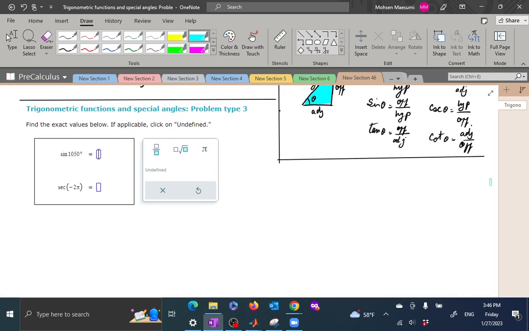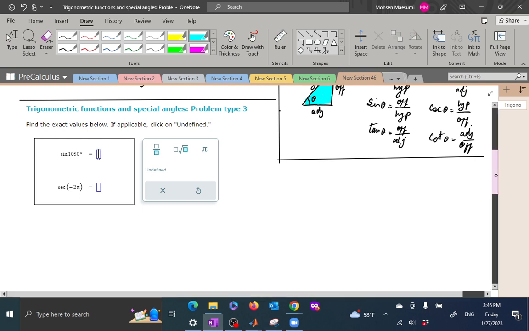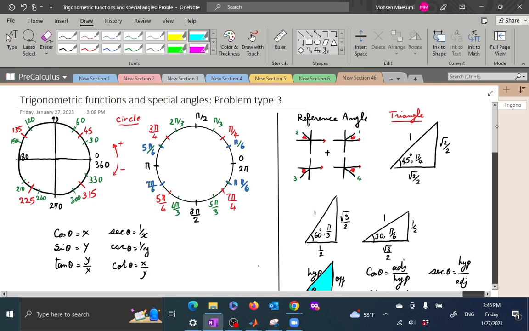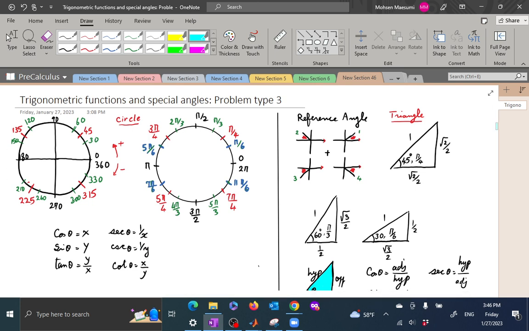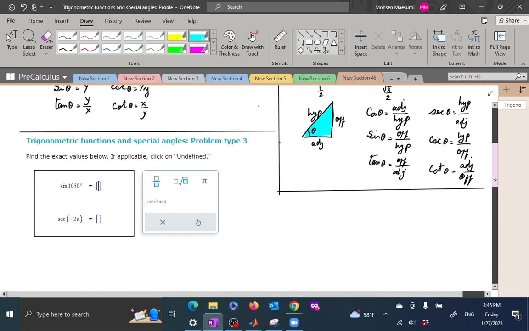Issue number 1: what if my angle is more than 360 degrees or more than 2 pi? What should I do? Well, what does more than 360 mean? It just means that you have gone around the circle several times. And negative means you are going in the clockwise direction. Let's do it a simple way first.